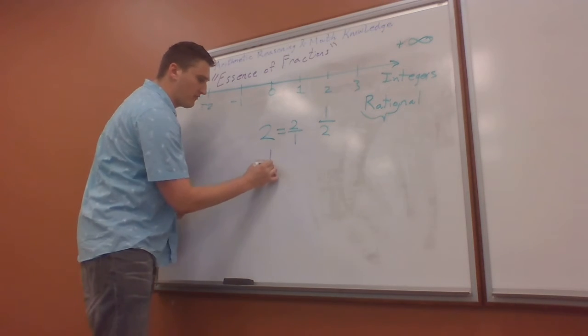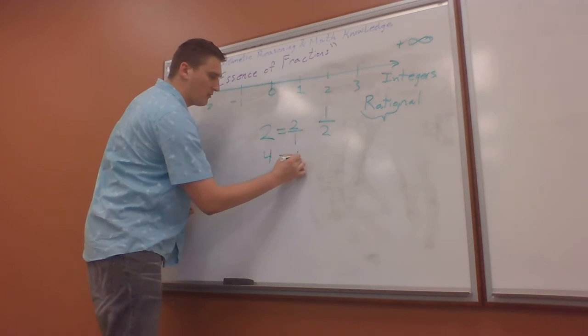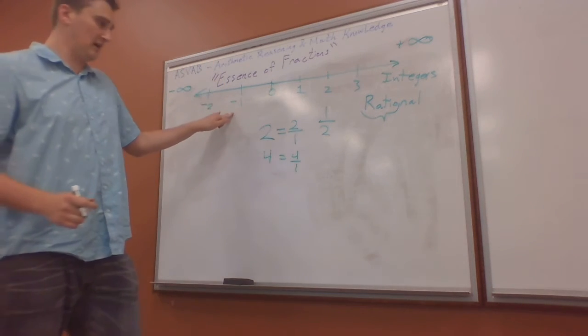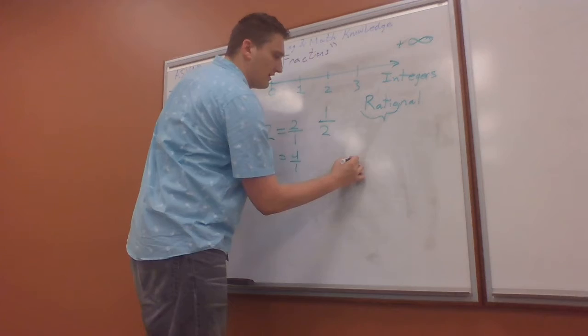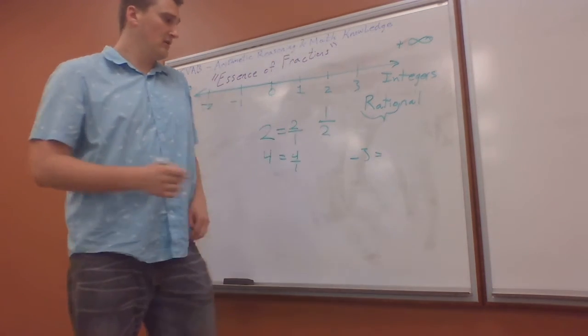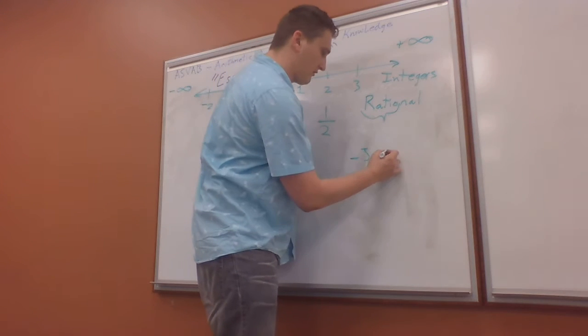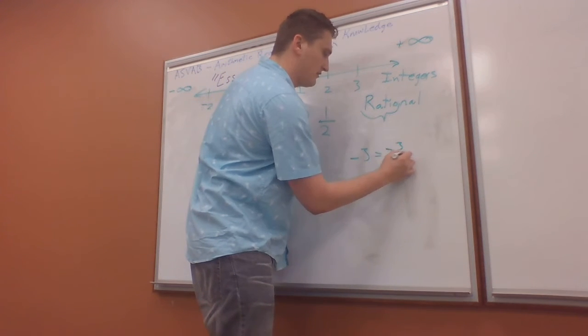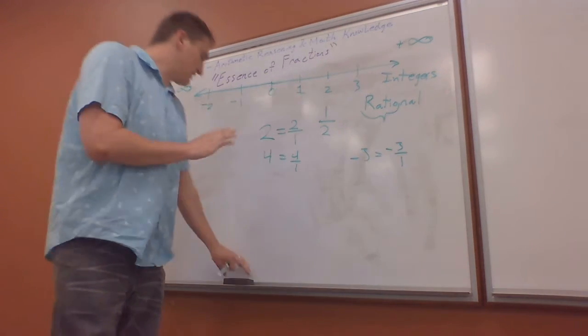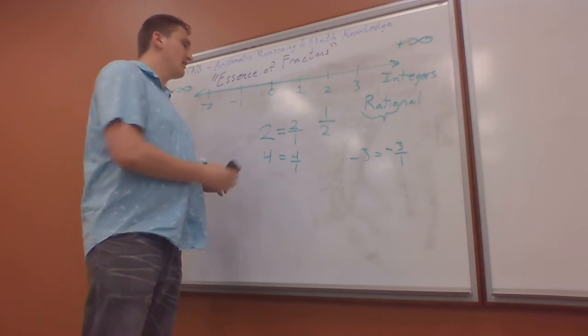In fact, the number 4 is 4 over 1. And if I were to include the negative numbers, if I were to represent -3 as a fraction, which it is a rational number, I can represent it as -3 over 1. So that is a basic introduction to what rational numbers are.